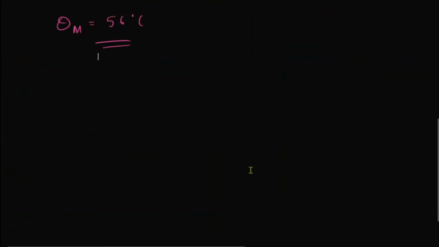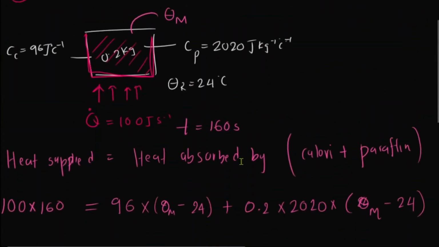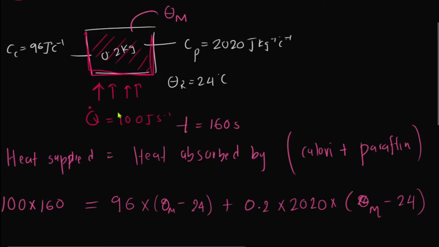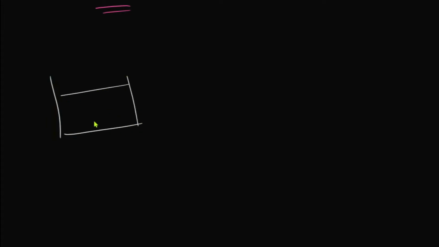So it's like this. To the paraffin, you keep on supplying the heat at this rate. After it reaches its melting point, for example, now this is at its melting point, right? You need to make sure this calorimeter is at its melting point.